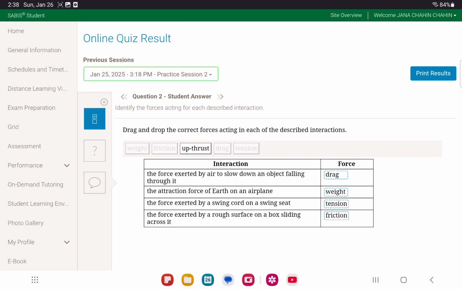And then whenever we see earth on, that means it's weight. And when we see cord, rope, or anything that you hang stuff on, it's tension. And then rough surface, it has to be rough, then it's friction. Upthrust comes when you have water or a fluid.